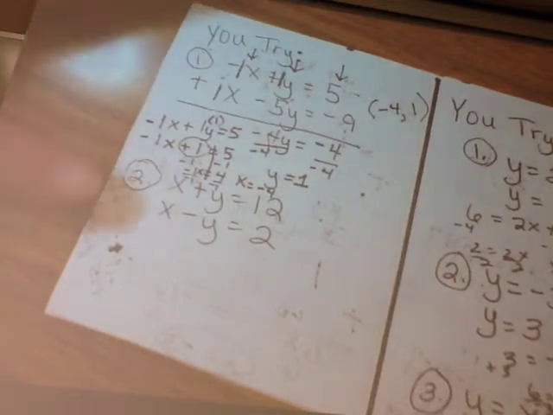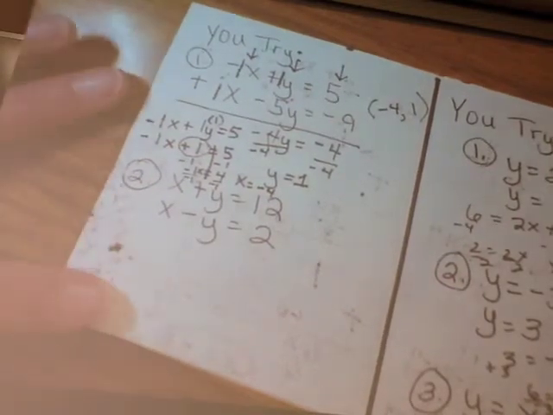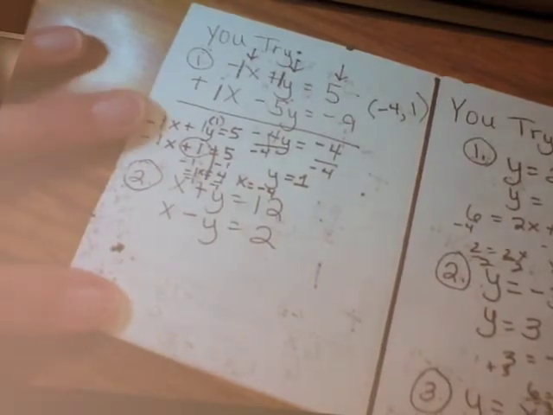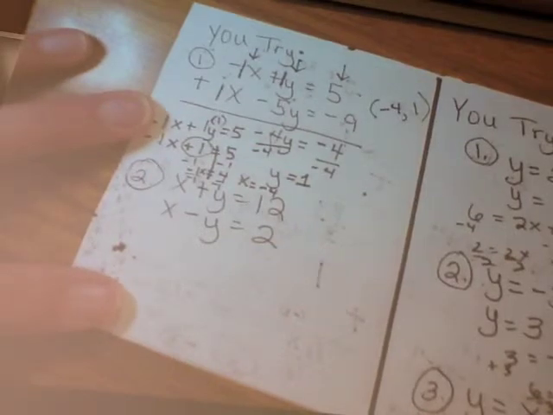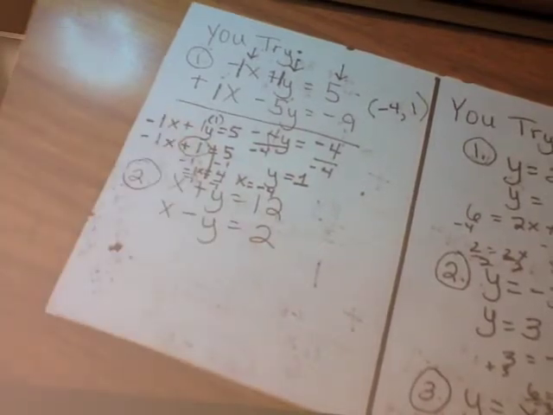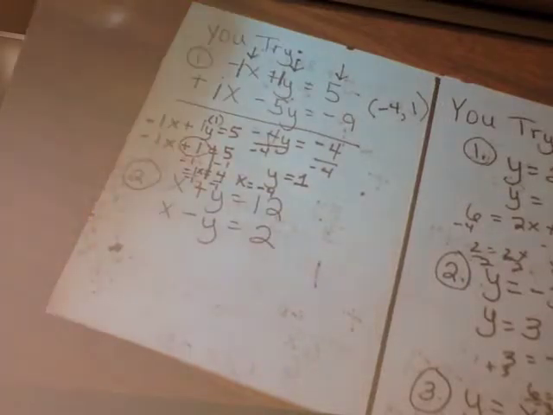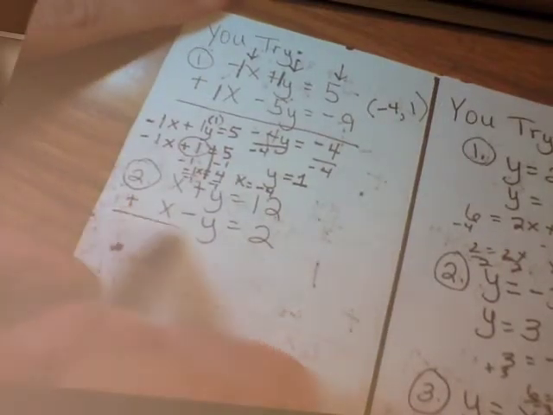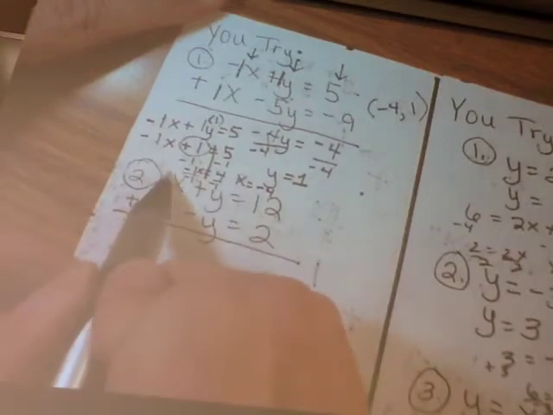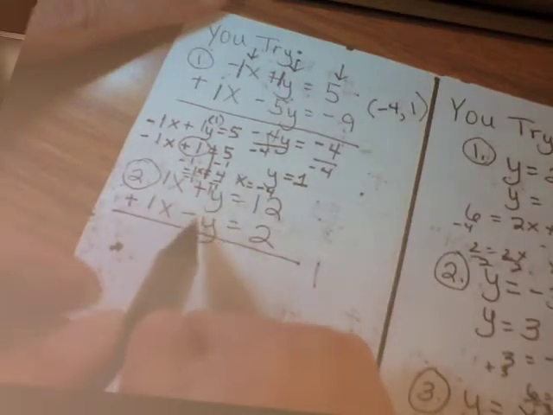And then try number 2. If there are no numbers or coefficients, make them 1s.